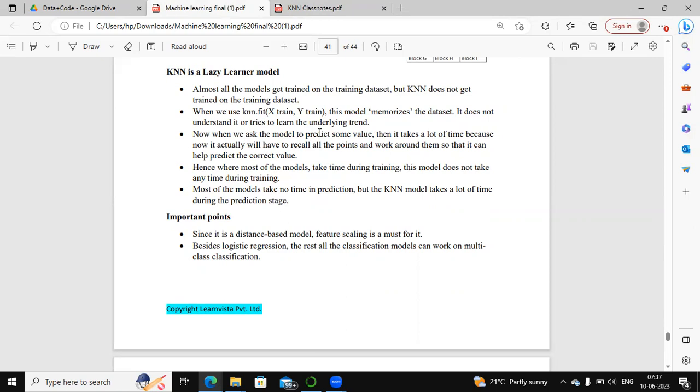Now, when we ask the model to predict some value, so you want to predict to which class that value belongs, then it takes a lot of time for computation, because it will have to recall all the points. Okay, so it actually has to remember all the points and work around them, so that it can help predict the correct value.